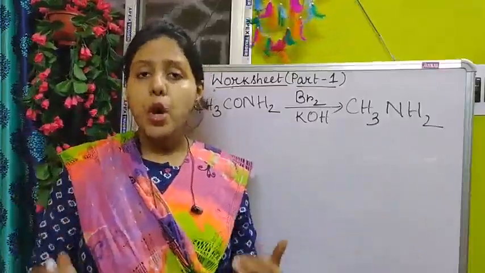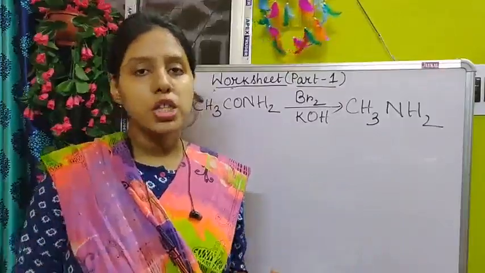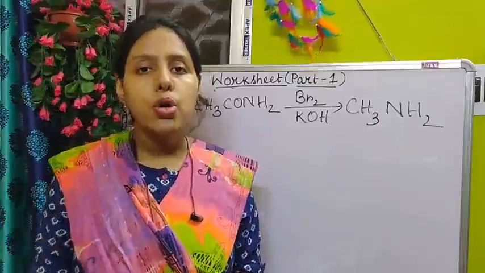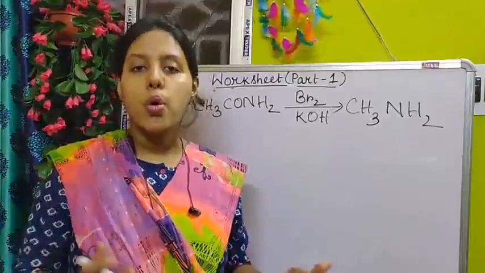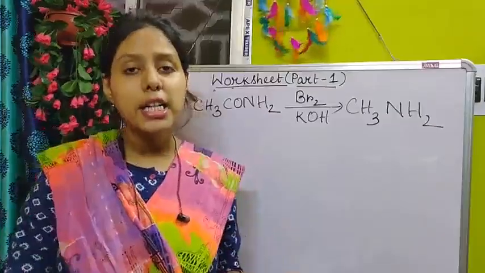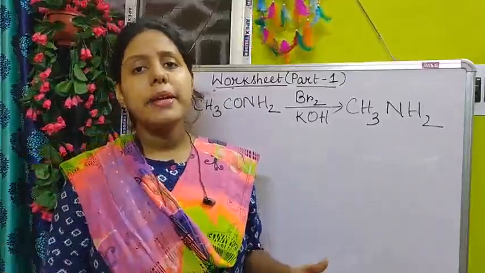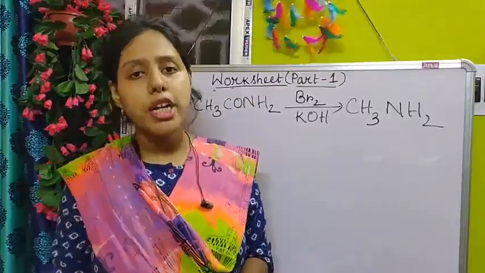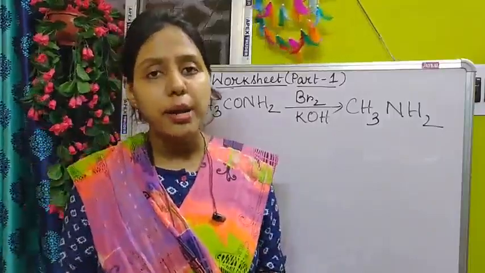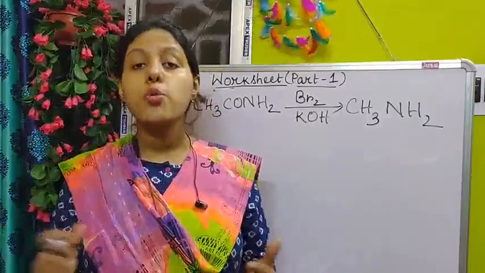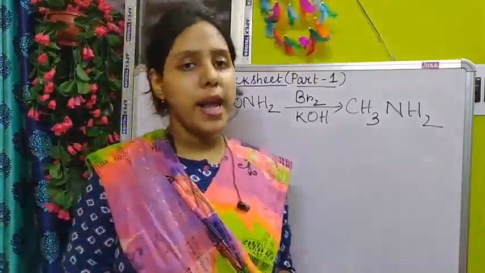The process by which 2 or more monomers are combined without the elimination of any simple molecule like water, HCl or NH3, to make a polymer molecule, this process is called addition polymerization.